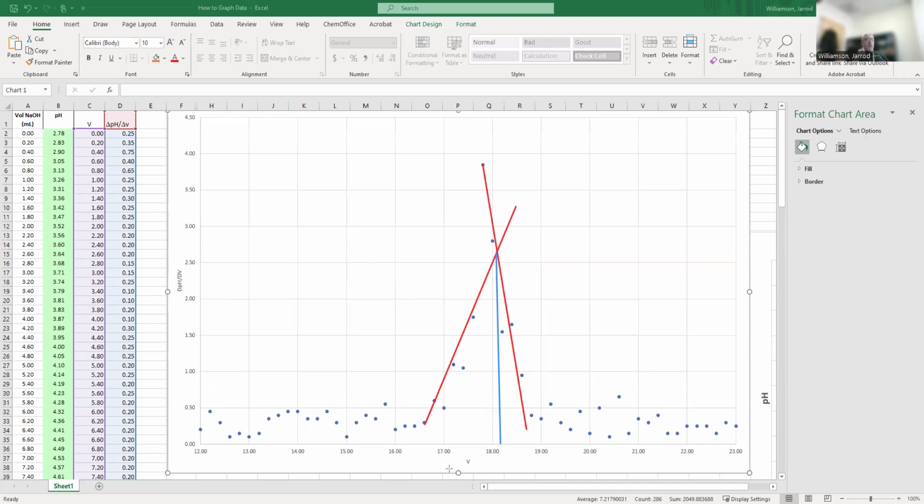And I can get a more accurate number. Instead of 18, I can get 18 point whatever. And if I get a ruler out, I can measure where that line intersects, and I can get better numbers.